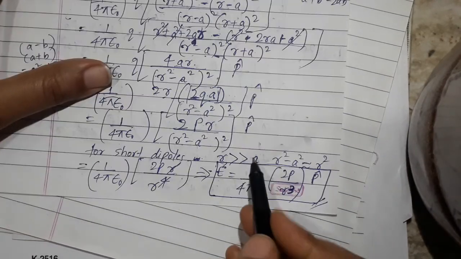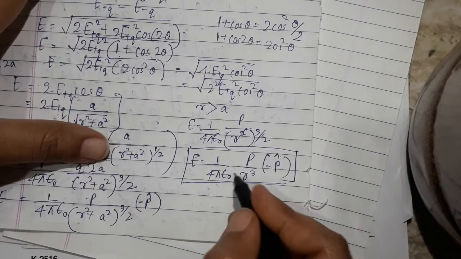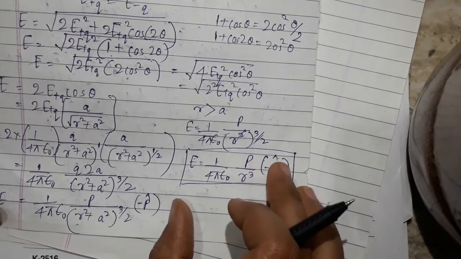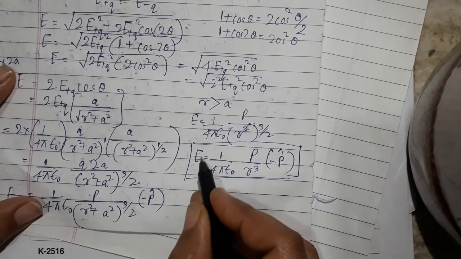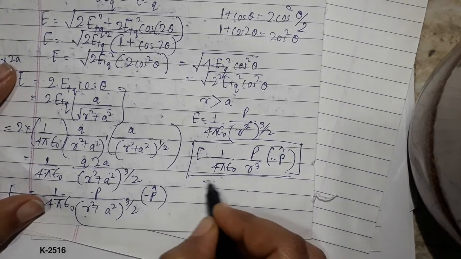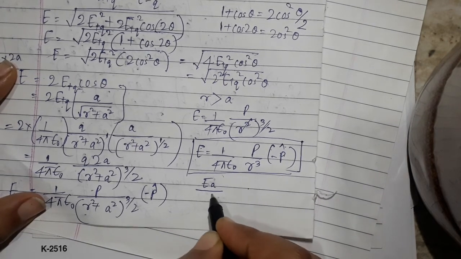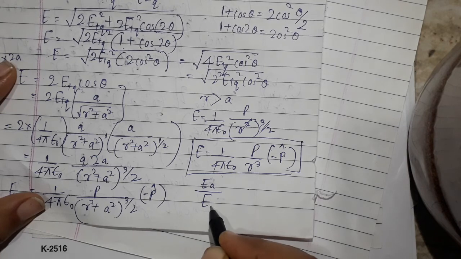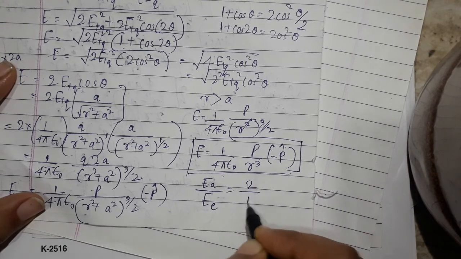The only difference is the multiplier of 2. In the axial line it is 2 P by R cube, but in the equatorial line it is only P by R cube. So we can say that the ratio of the electric field at a point on the axial line to the electric field on the equatorial line is 2 by 1.